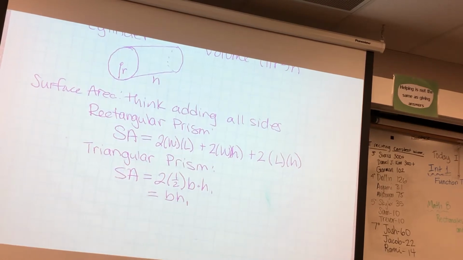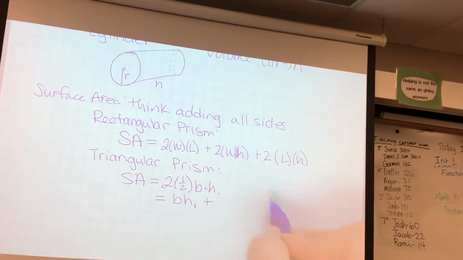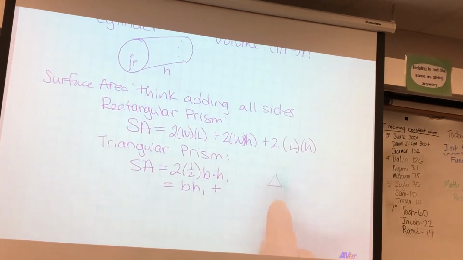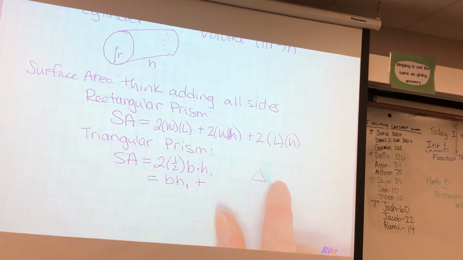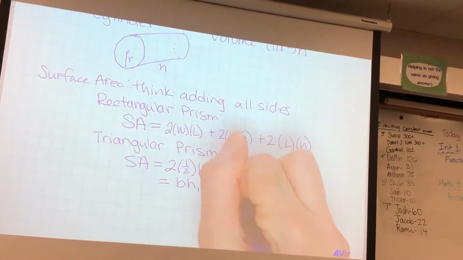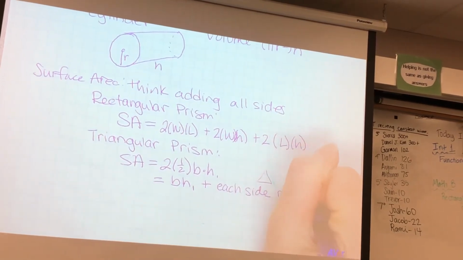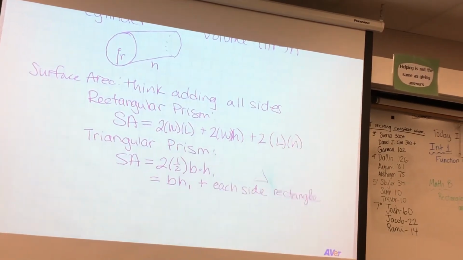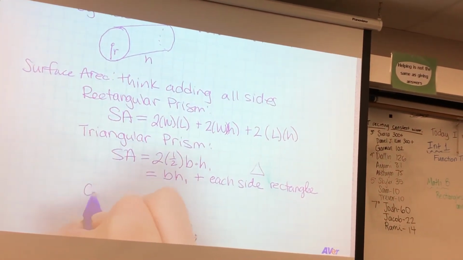And then I need to figure out each side of the triangle. So if I kind of imagine each side of the triangle might have a different length, and I need to multiply each of those times the height. So I'm gonna put each side rectangle. I cannot give you a better formula because they vary so much, but if you think about it, it's not too bad. Cylinder is a little easier.